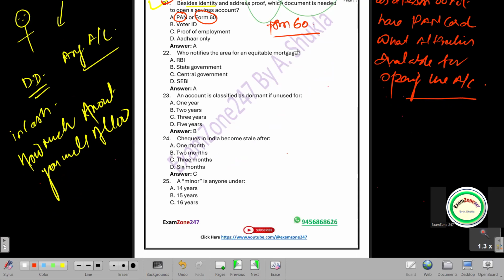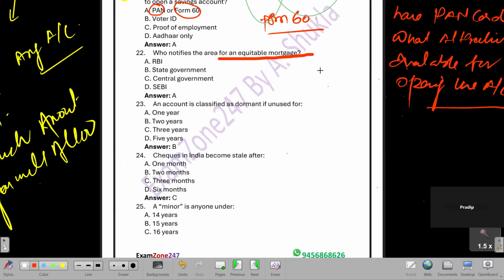Okay. The next question is, who notifies the area for an equitable mortgage? Sir, I have a question. This is also wrong. RBI never notifies it. Those who are attending the session, I will be rectifying and sharing the PDF again. Now you have these options: RBI, state government, central government, SEBI.